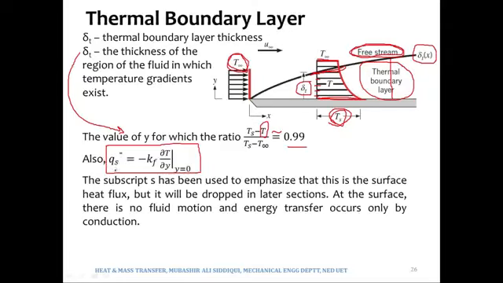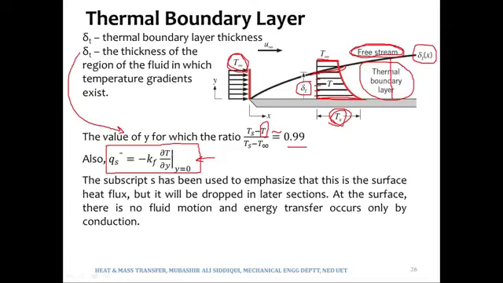So it is Q by A. And on the right hand side, we have got a negative sign, and then we have got a K. So if we take this area on the right hand side, it would become minus KA, and then delta T by delta X or delta Y. So what is written over here? It is nothing but the Fourier's law of heat conduction. Minus KA delta T over delta X. Since it is written in Y direction, it is minus K times A times delta T over delta Y.